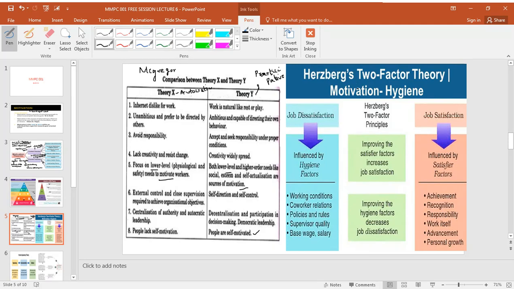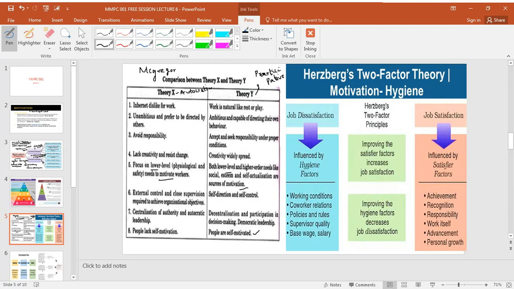Now we are moving to the next theory, that is Herzberg's two factor theory or motivation hygiene theory. The motivation hygiene theory states that there are motivational factors as well as hygiene factors.